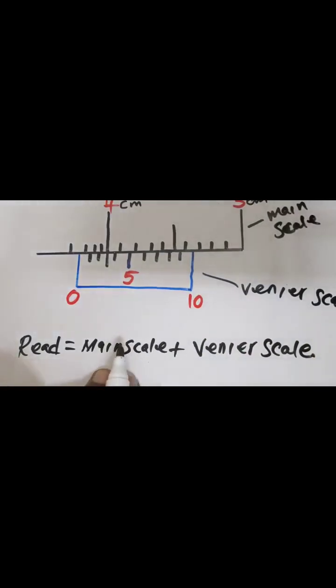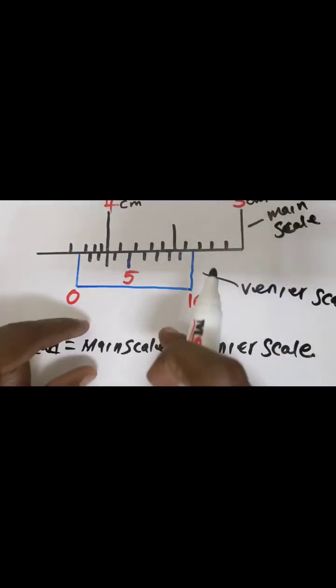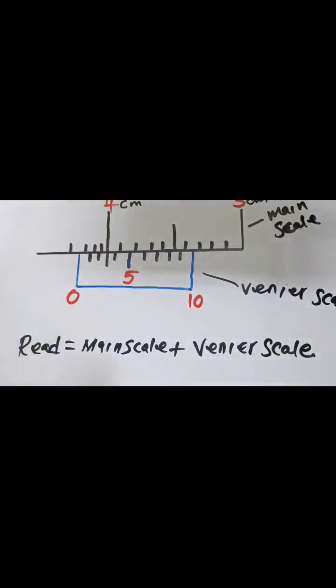It is the main scale plus the Vernier scale. Okay, so now let's try to find the main scale first. Let's try to find the reading of the main scale.